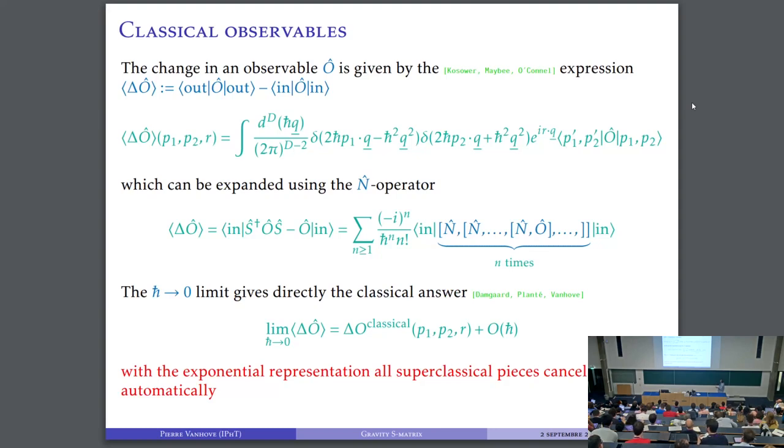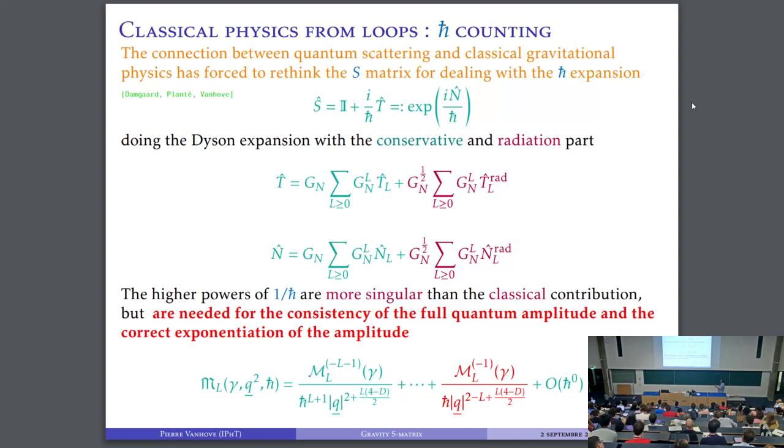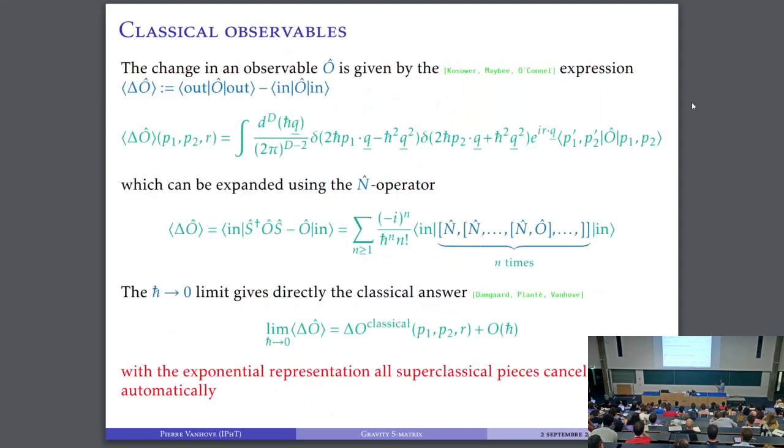And then you show that, precisely because of the structure of this term and the exponentiation I just described, which is actually linked as well to unitarity of the theory, the limit h bar to 0 is totally fine. So there is no issue.